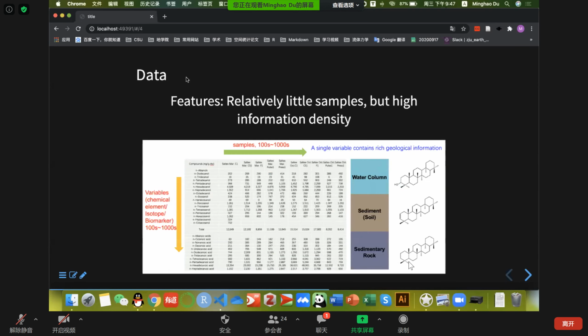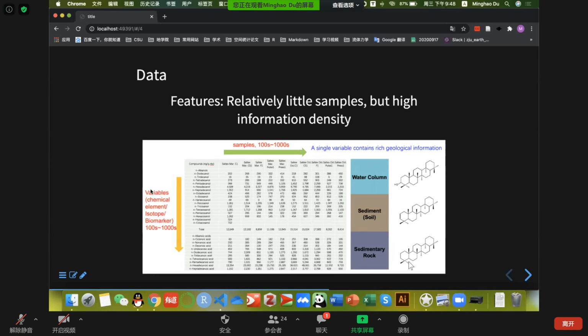Here is our data. In general machine learning problems, the number of samples is usually greater than the number of variables, but our data is just the opposite. We often have more variables and few samples.